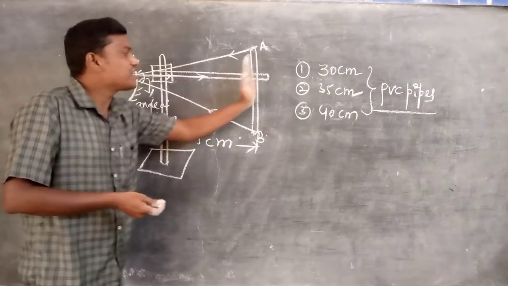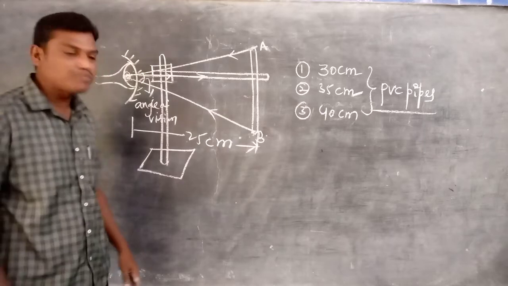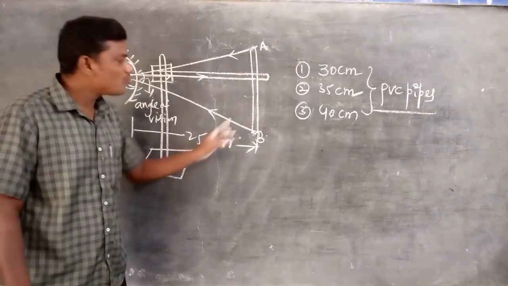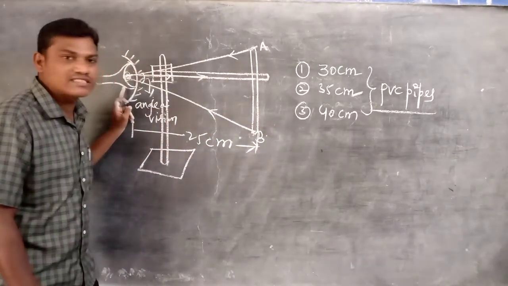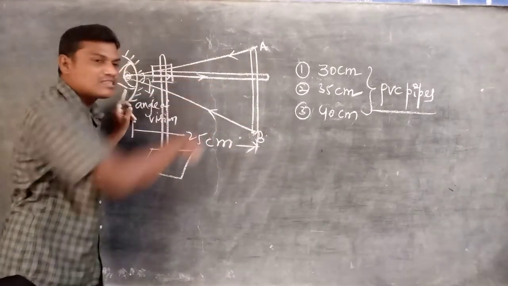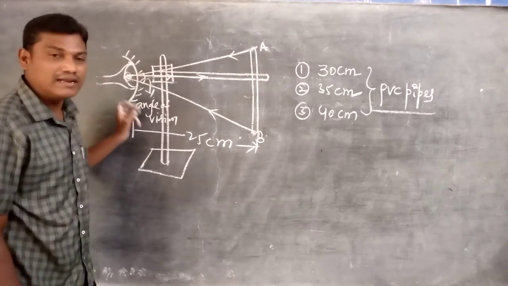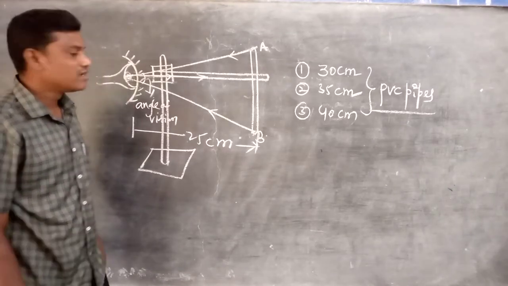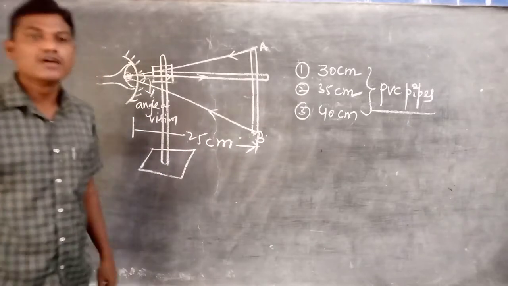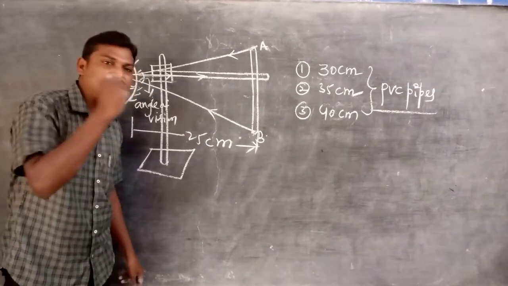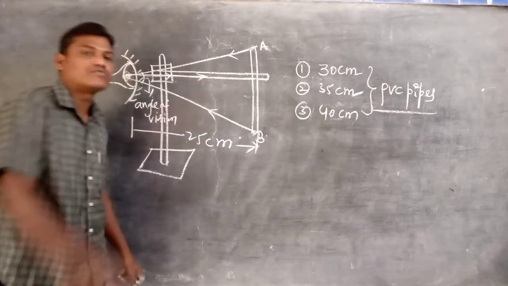If a person cannot see the extreme positions at a time without changing the eye, then slightly increase the position of the PVC pipe, that is, increase the distance from our eye. The distance at which the person was able to see the extreme positions at a time is also called the least distant vision. This is the method to identify the least distant vision of a person.